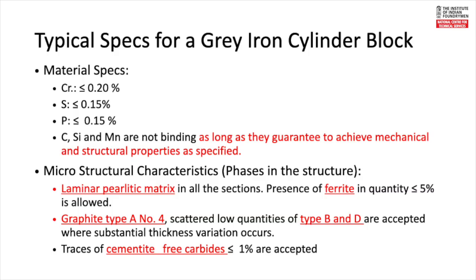And then last but not the least, traces of cementite or free carbide less than 1%. Why I have highlighted and put these words in red is, these are the things which we are going to discuss as we go forward in this presentation.